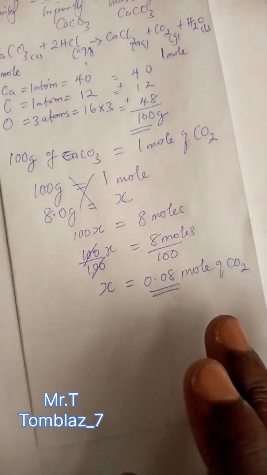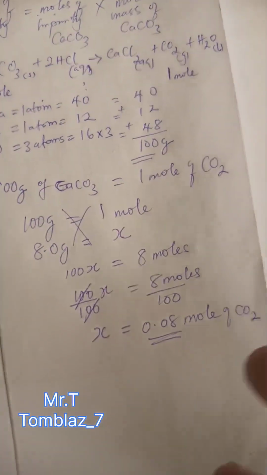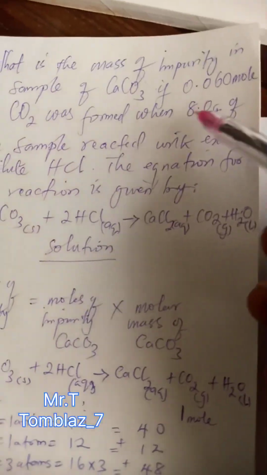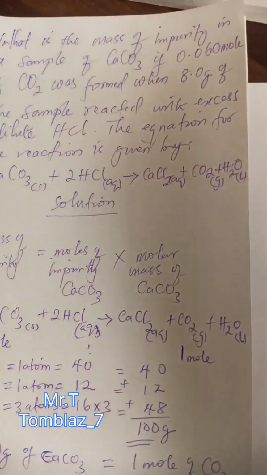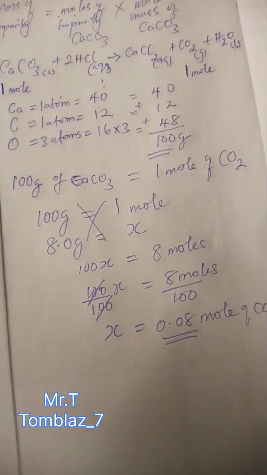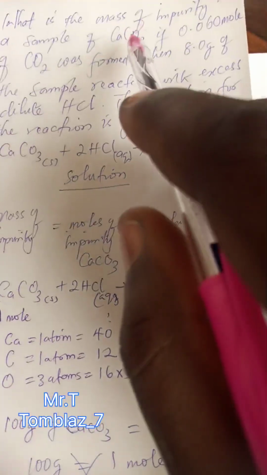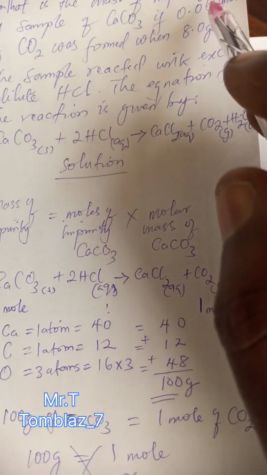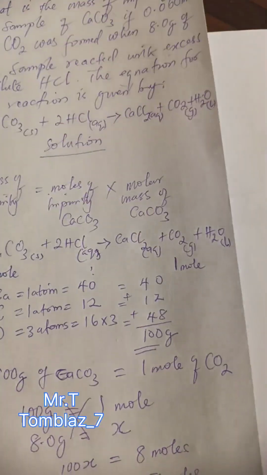Right? So now what it means is we have gotten the number of moles of carbon IV oxide that will be formed when 8 grams of this sample is used, from 100. Now, how do you proceed? They said there is 0.060 mole, right?